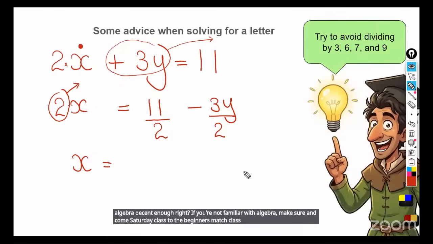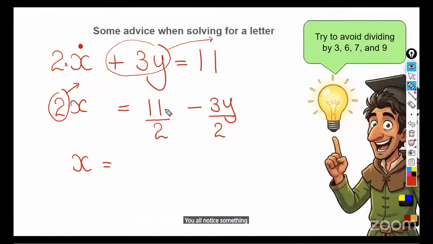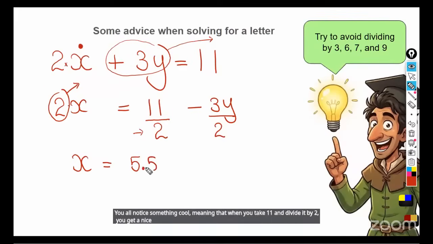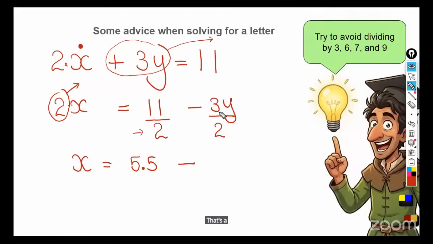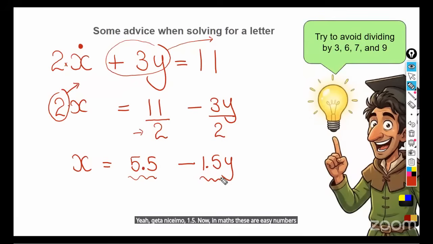You all notice something cool, meaning that when you take 11 and divide it by 2, you get a nice decimal, right? You get 5.5. That's a nice decimal. And when you take 3 and divide it by 2, you get a nice decimal, 1.5. Now, in maths, these are easy numbers to deal with.